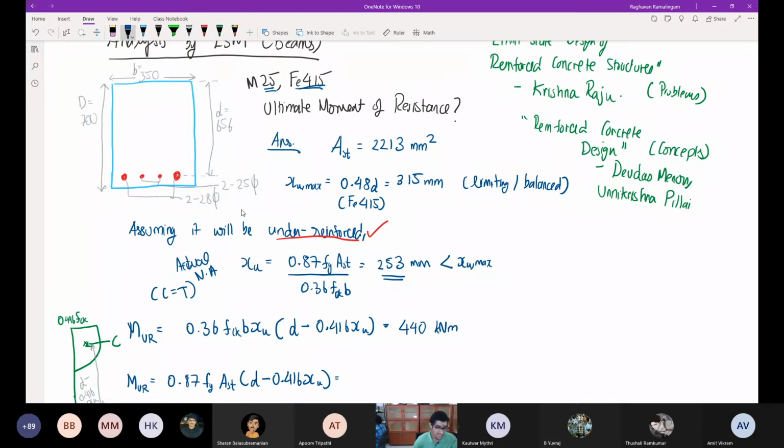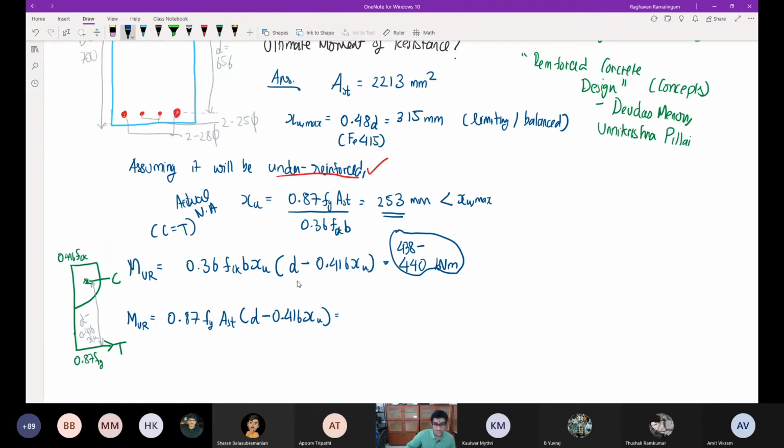Couple of more people give me the same answer, then at least I can take it as a representative sample of the class. 438, 448, 438, 440. Something around this region. That may depend on whether you took 254 or 253, I suppose, for XU.